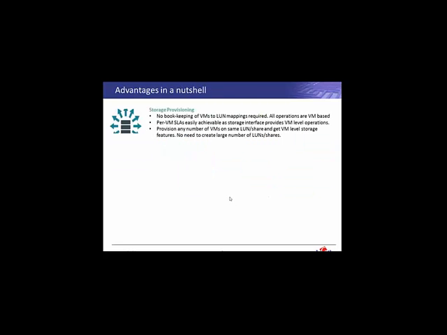To summarize the advantages, we just saw how we got rid of bookkeeping for VM to LUN mappings, how we could very easily set SLAs on a per VM basis rather than on a LUN basis, and the advantage of provisioning any number of VMs on the same LUN or share and getting the VM level storage features, which eliminates the problems of creating a large number of LUNs or shares.